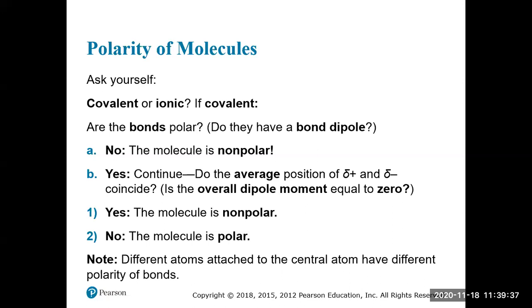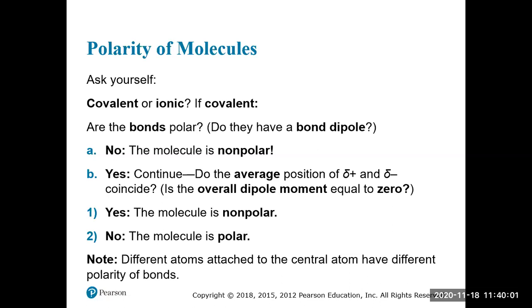If we look at that bond and we say, according to our electronegativity chart, that we do have a shifting of those electrons, in other words, they're not sharing them equally between the atoms, then we have a polar bond.